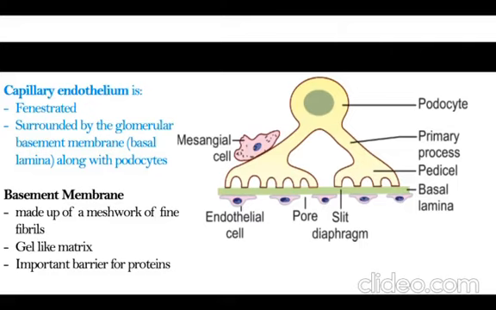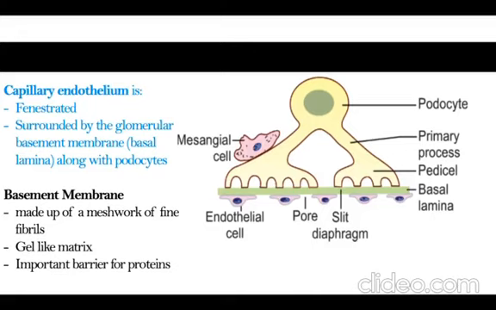The capillary endothelium is fenestrated, as it contains fenestrae. Fenestra means pore or window. So they are put in line and have some windows in between, which make up the filter. The pore diameter is about 50 to 100 nanometers, and therefore they freely allow passage of large molecules through them.